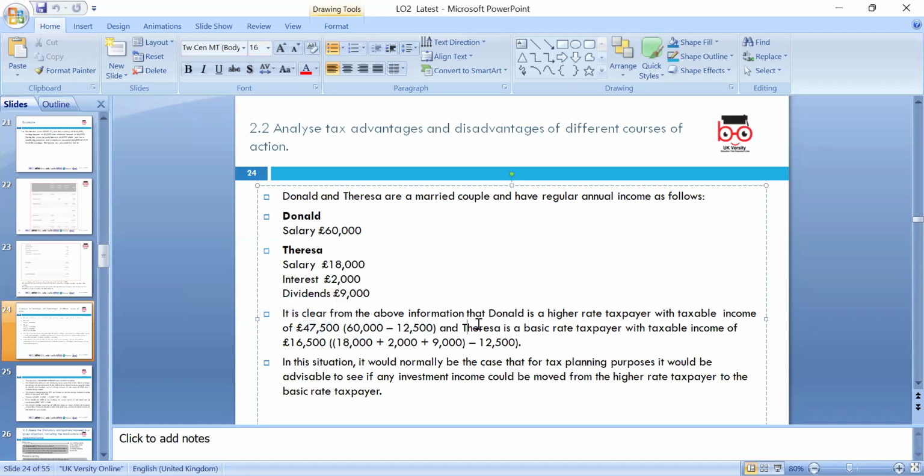Teresa is a basic taxpayer, and her taxable income is 18,000 plus 2,000 plus 9,000, then minus 12,500 as a personal allowance. Normally, for tax planning purposes, it would be advisable to move any investment from the higher rate taxpayer to the basic rate taxpayer, so that can be a saving.